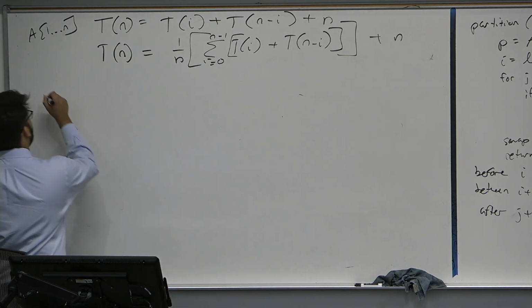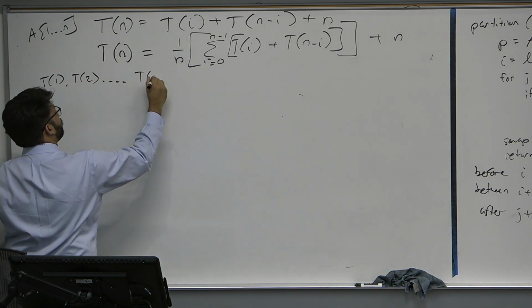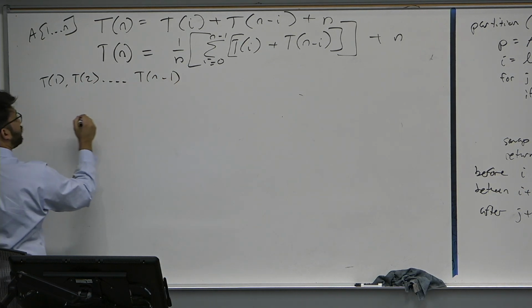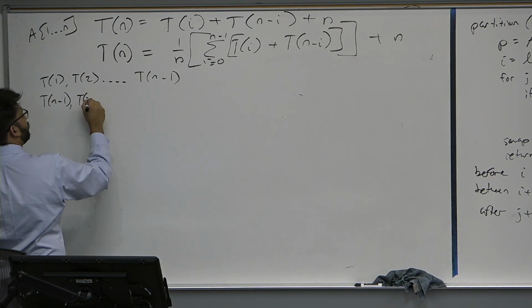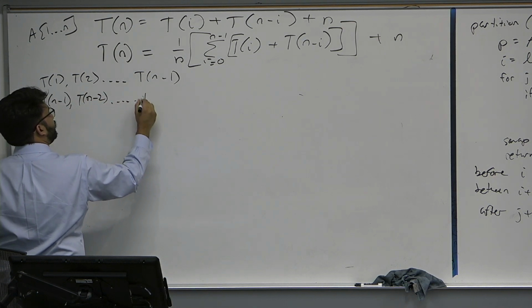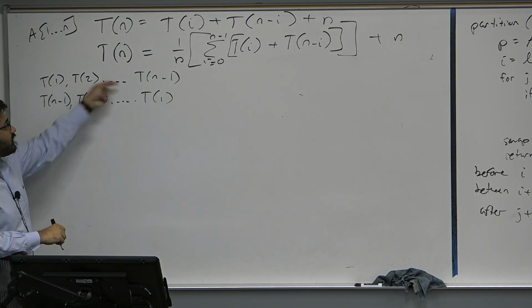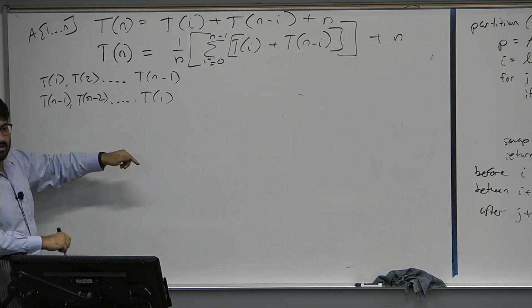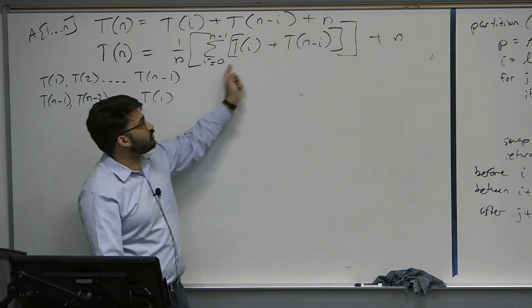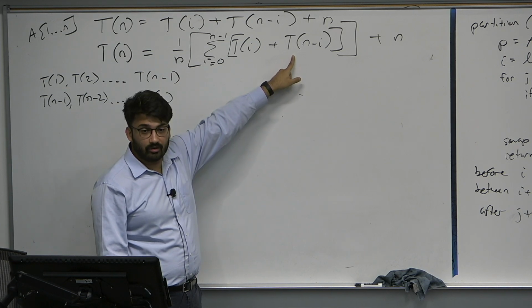So t1, t2, all the way to t of n minus 1 is the same thing as t of n minus 1, t of n minus 2, down to t of 1, in the opposite order. If you add up the top, it's the same as adding up the bottom. So what we could do is distribute the sum and then write this one backwards.